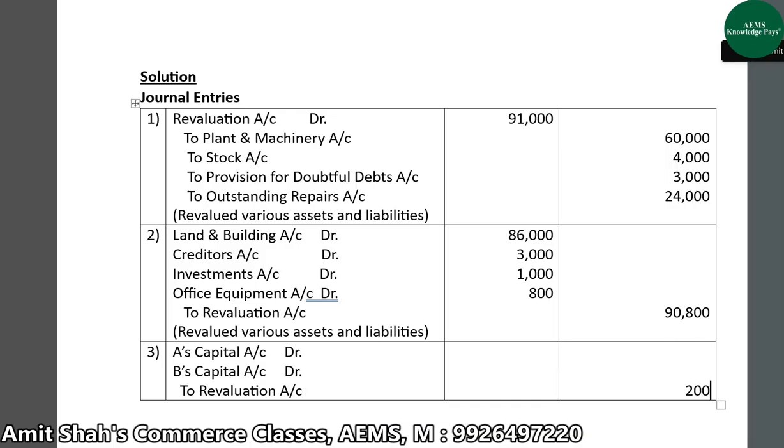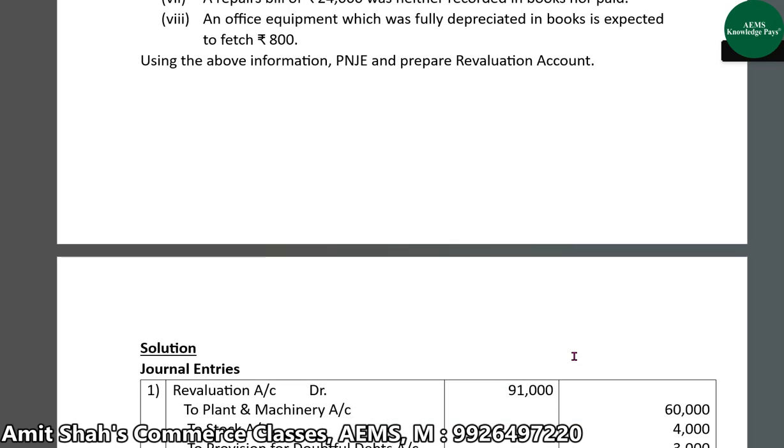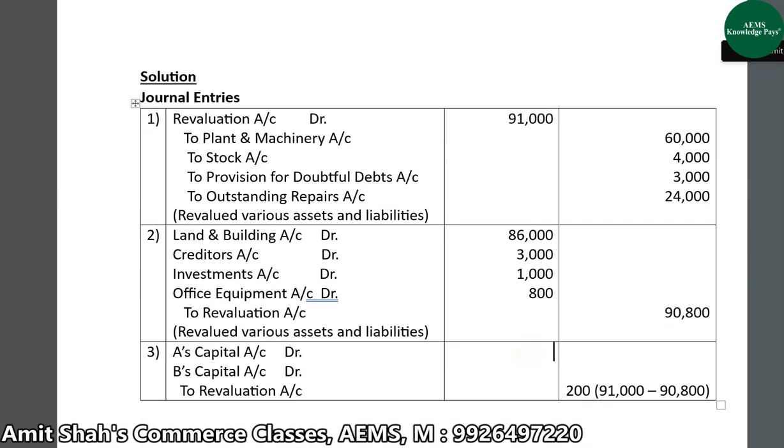So loss here is 200, which is 91,000 minus 90,800, and that will go to the two partners A and B. Their capital will get decreased, and it will go to the partners in their old profit sharing ratio 3 is to 2. It means A's capital would be debited by 120 and B's by 80. That is 200 into 3 by 5 and 200 into 2 by 5.